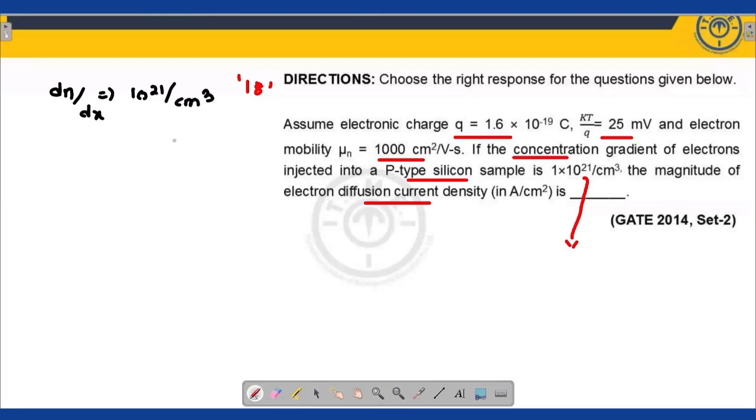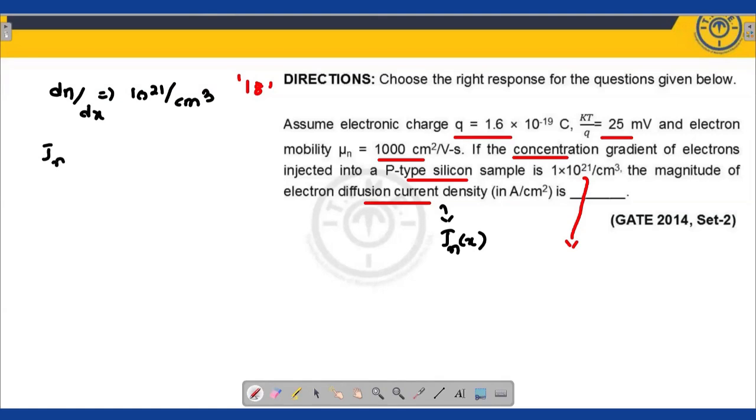Then, my dear students, he has given the charge as usual; you know the value of this. So here, the magnitude of the electron diffusion current density is with respect to distance x.